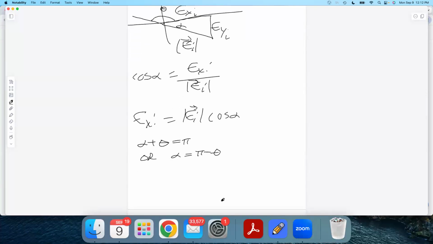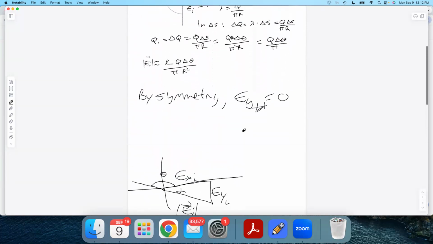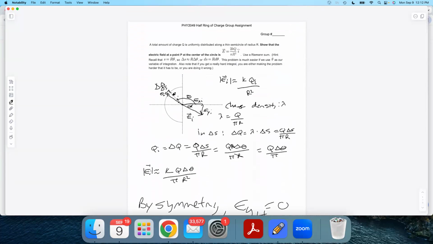Why do we care about that? Because I have to do my integral in terms of theta. I can't have an alpha floating around when the angle I'm integrating has to be from the positive x-axis going counterclockwise. And I've already got a delta theta floating around here.